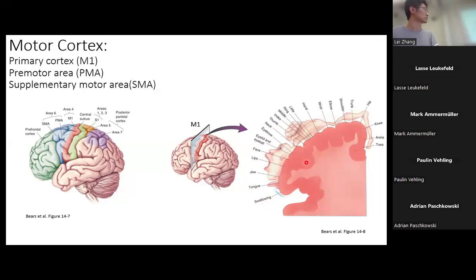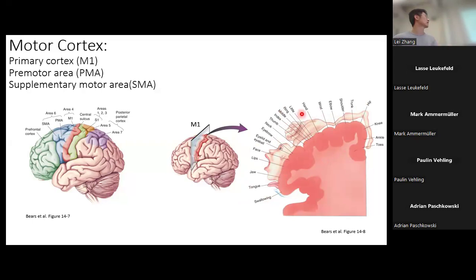It's called the homunculus. However, this view is challenged by recent research, because many researchers think it's maybe not so simple like a one-to-one mapping. Actually, if you stimulate one part of the M1, you can see responses in many muscles. So it's not a one-to-one mapping.